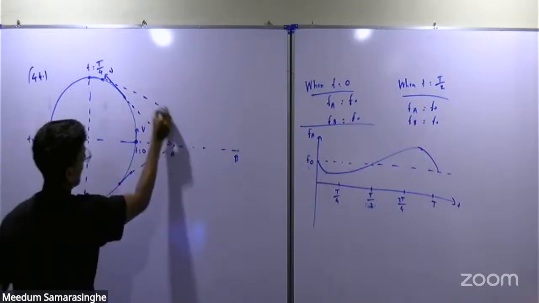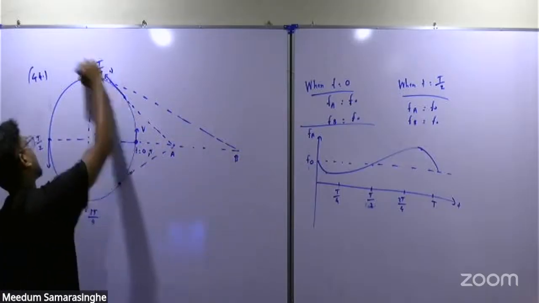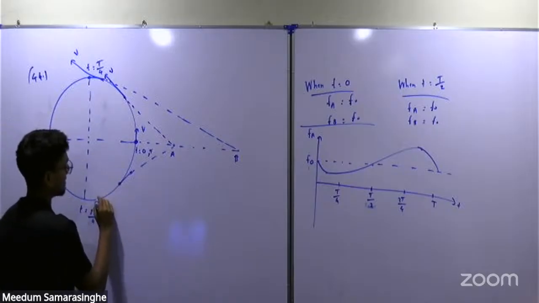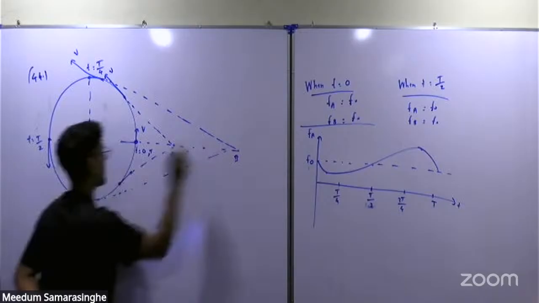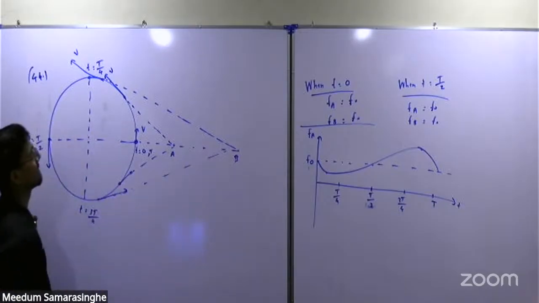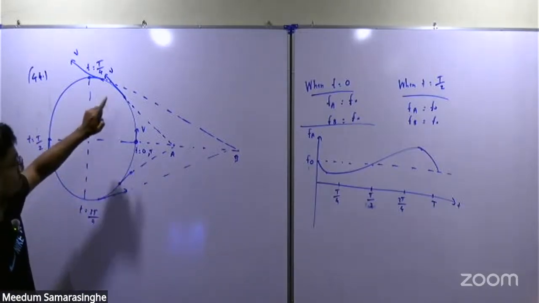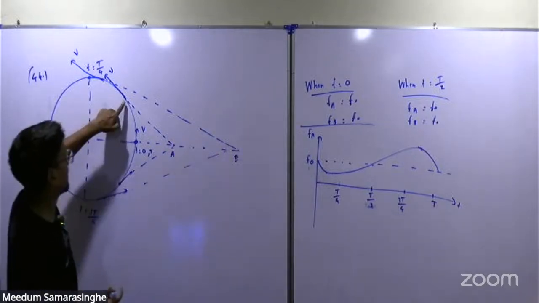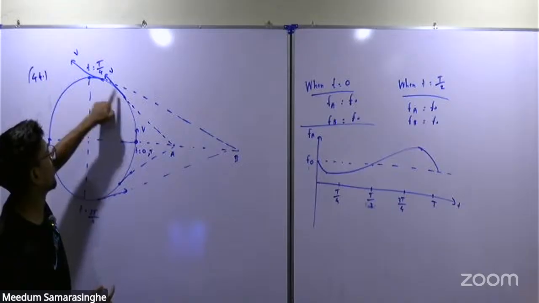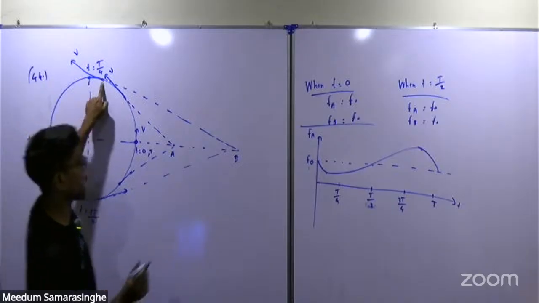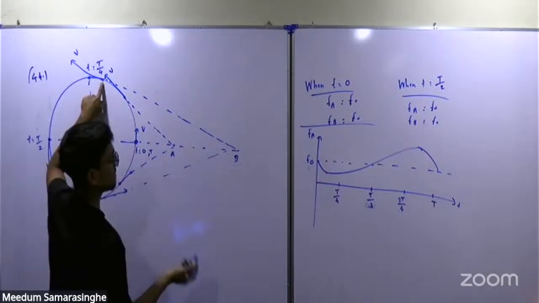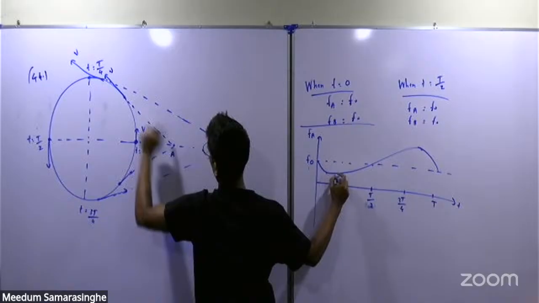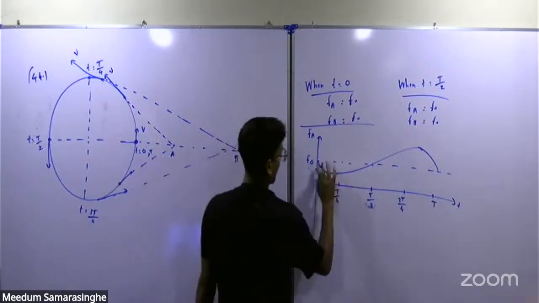At this point, the source is moving away from B. At a point like this, the source is moving towards B. So you can see the frequency for B becomes minimum when the object is at this point. That means the frequency for B becomes minimum after the frequency for A becomes minimum, right?